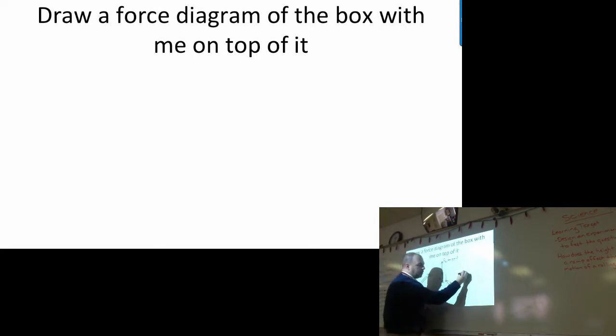So I could redraw that as the normal force. And if I drew this the right way, how would this one compare to both of these added together? They'd be equal.